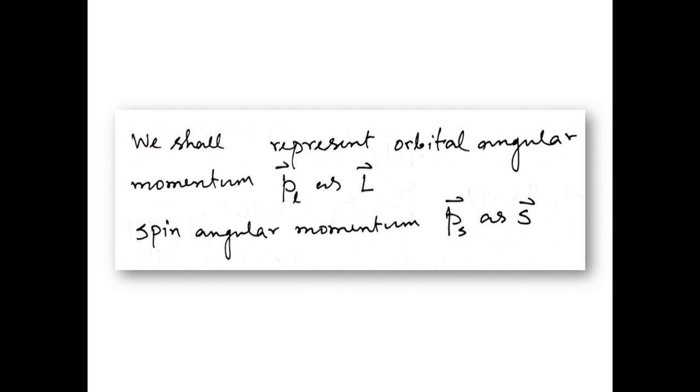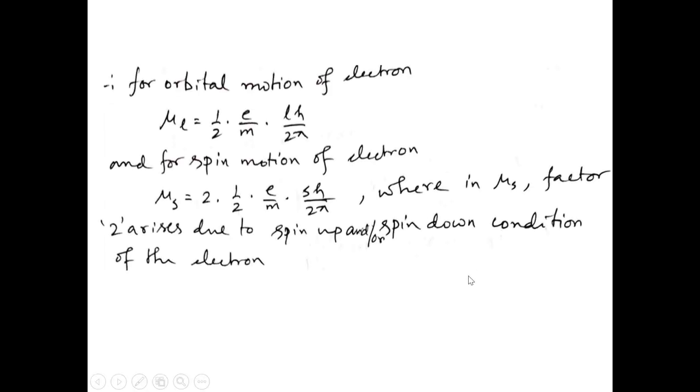So when we get mu L as half into E by m LH by 2 pi that we have seen, in case of mu S the same quantity we shall write because that angular momentum will be quantized by the factor h by 2 pi and weighted by the factor s. Same thing, only the letter changes, L to S. And for mu S, just look, here it is 2 into the rest part, it gets doubled. Why? Because it arises from the spin up or spin down condition of the electron.